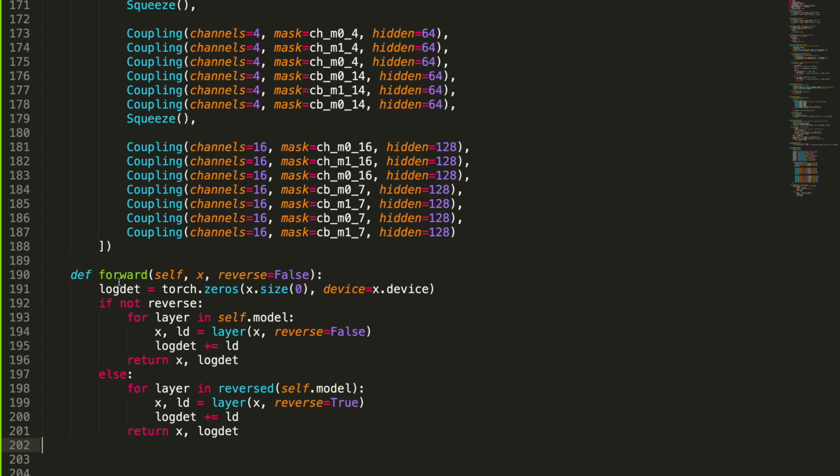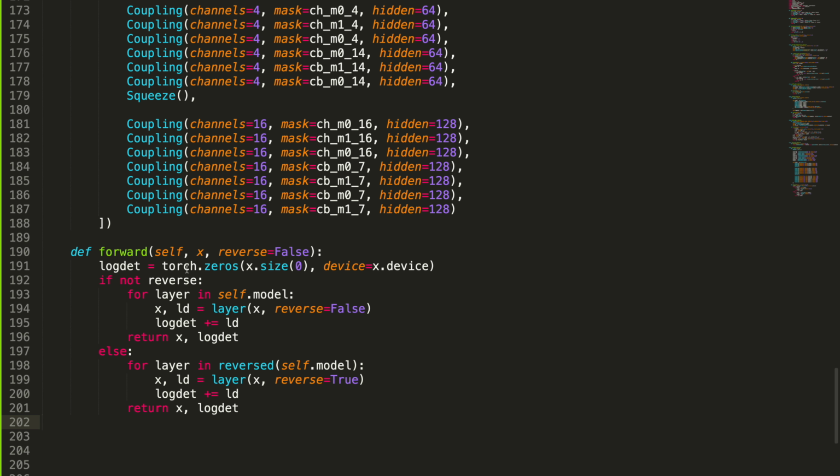So basically the log determinant will have the same shape as X, okay? And basically I go from layer to layer. For each layer, I get the output and the log determinant, and then I'm adding my log determinant. Because if I'm just having a look at the final determinant, it's the product of all determinants, or in log space, it's just the sum of the determinant of each layer, okay?